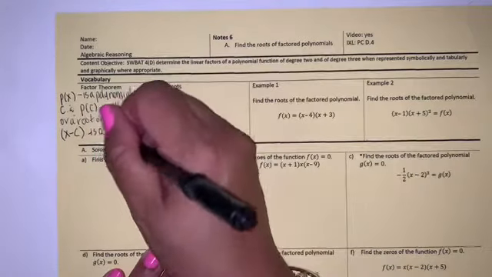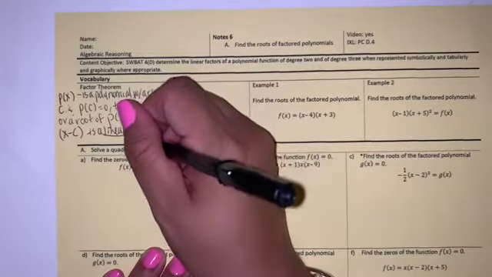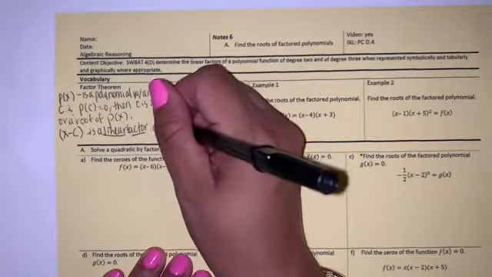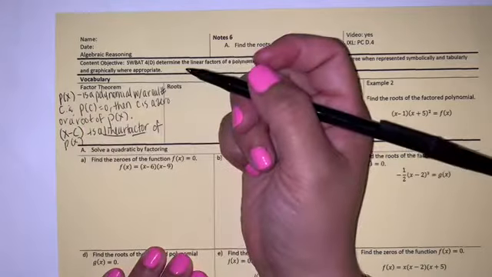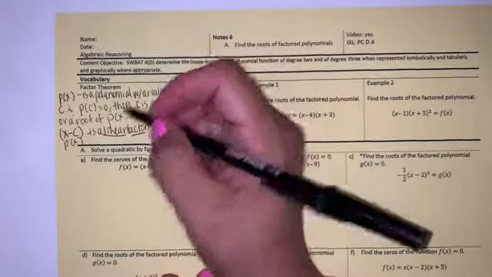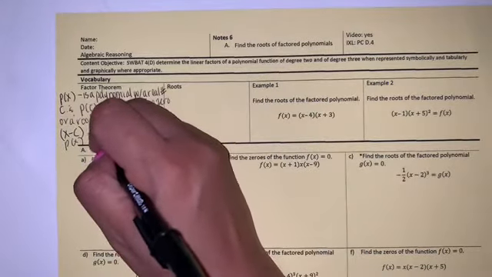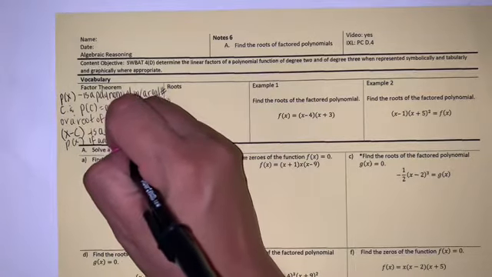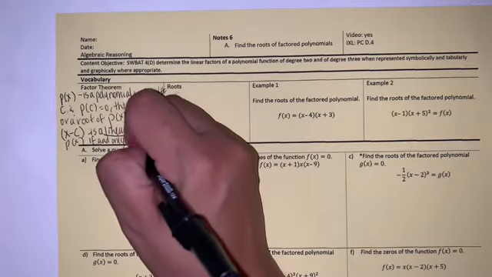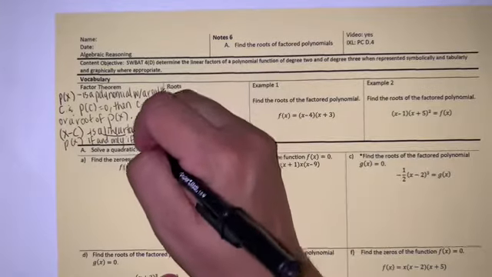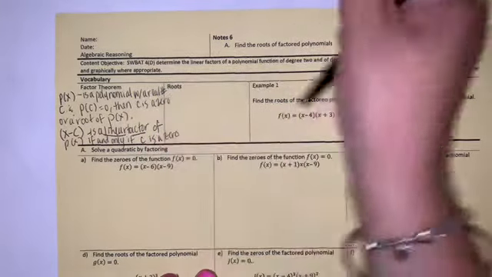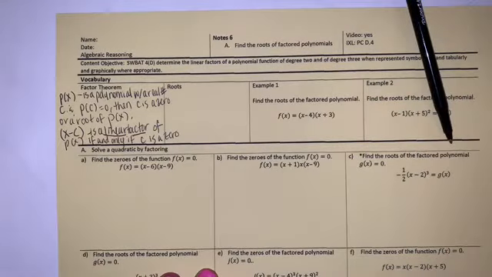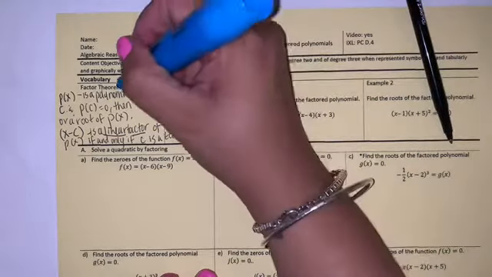So it's a linear factor of the polynomial P of X if and only if C is a 0. So that's going to be your factor theorem.